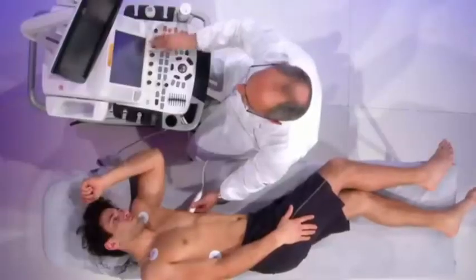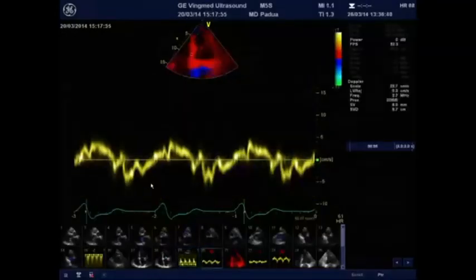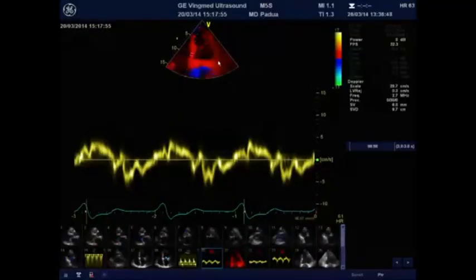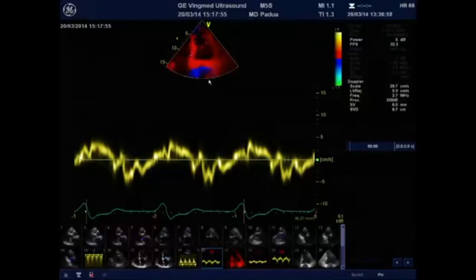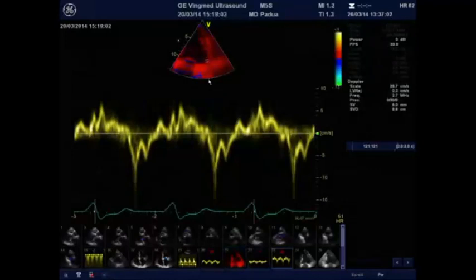Even more important, if you can relate the Doppler pattern of the inflow to the TDI of the myocardium, both at the septum and in the lateral wall. This is usually done by turning on the tissue Doppler imaging modality and then sampling with your pulse Doppler first at the septum and then at the lateral wall.